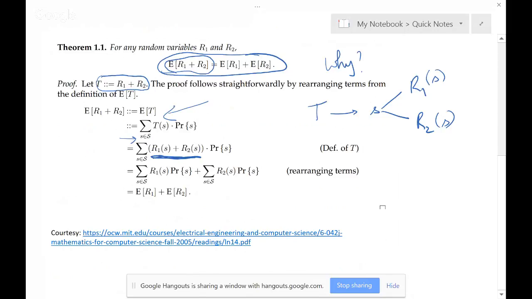The intuition here is the following. The probability associated with that value S can be taken into each one of these, can be associated, if you will, with each one of these random variables R1 and R2. This is really the crux of why linearity of expectation is true, regardless of what dependencies exist between R1 and R2.